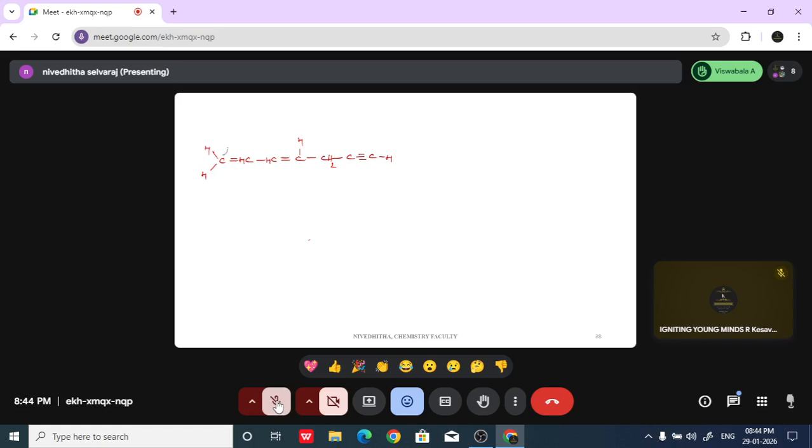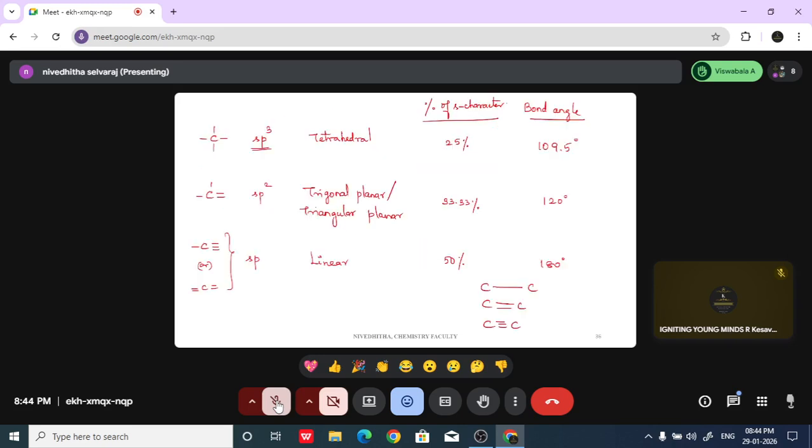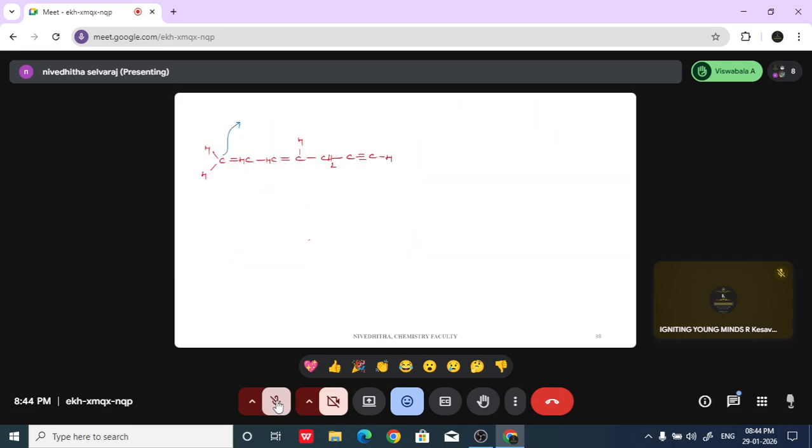As far as this carbon is concerned, it has one double bond and the rest of the bonds are single. So what is the hybridization? One double bond and two single bonds: sp2, ma'am. Very good, sp2. What is the hybridization of this carbon? sp2.